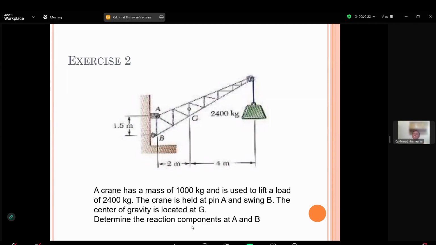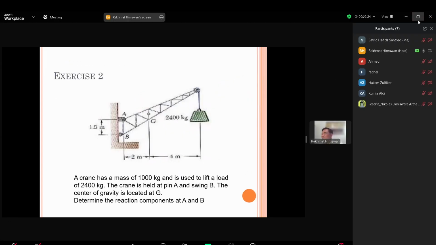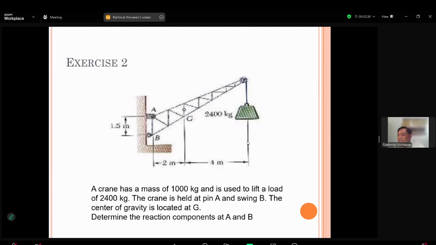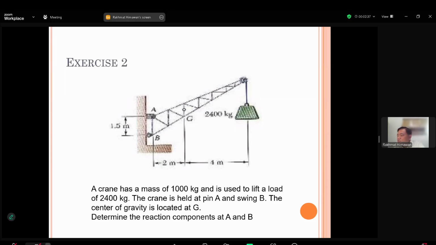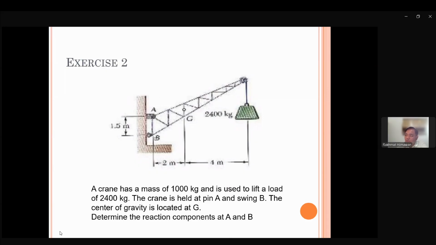Now, this looks better. This one is probably a bit more realistic. It's a crane that has a mass of 1 ton, or 1,000 kilogram, and is used to lift a load of 2,400 kilogram. The crane is held at pin A, which is a hinge support, and B, which is a roll support.